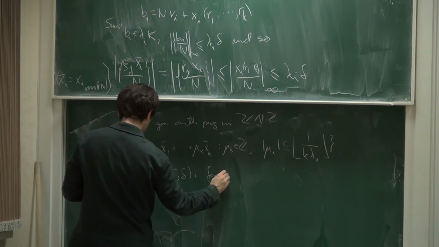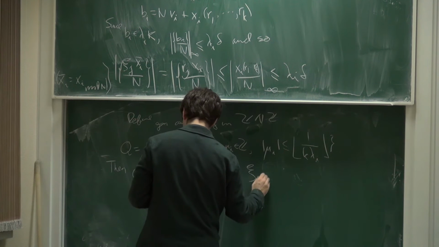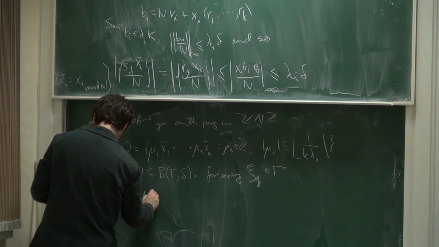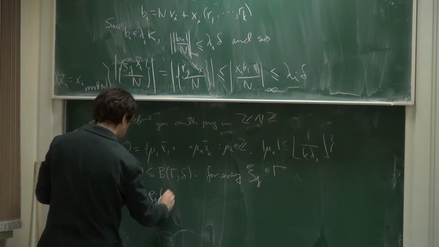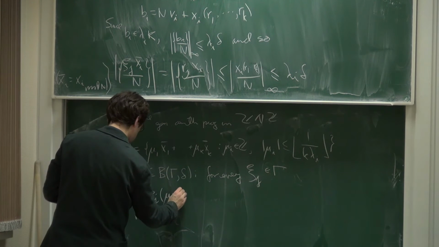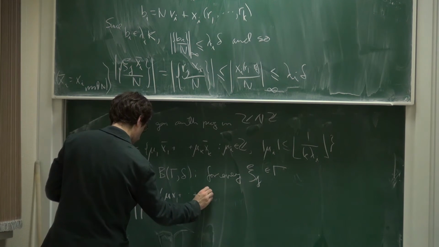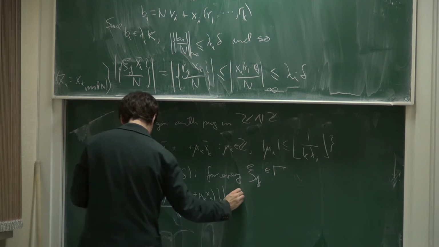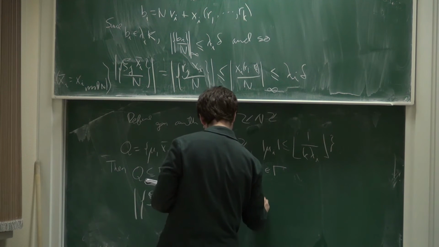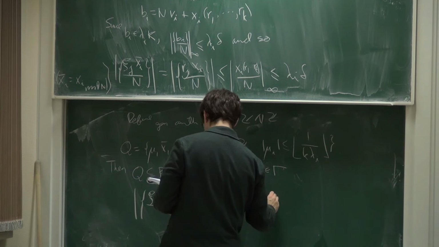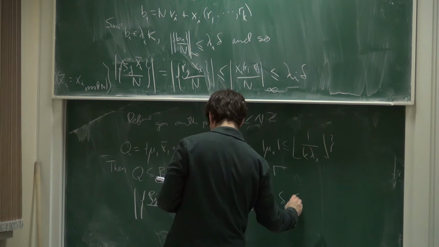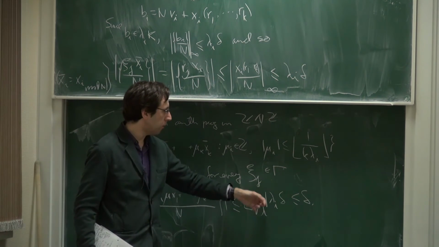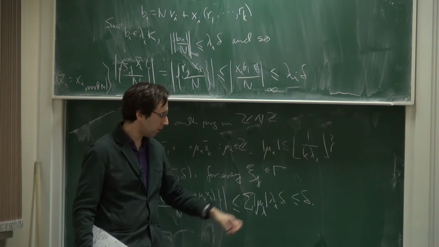For every psi_j in Gamma, the fractional part of psi_j times this linear combination is at most, just by definition here, the mu_i's are at most 1 over k lambda_i, so this cancels with lambda_i.